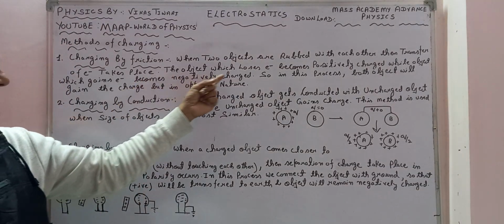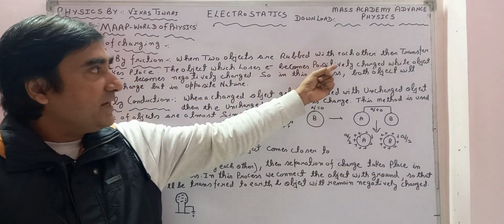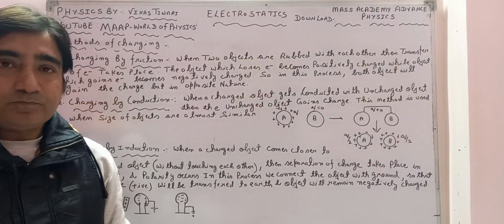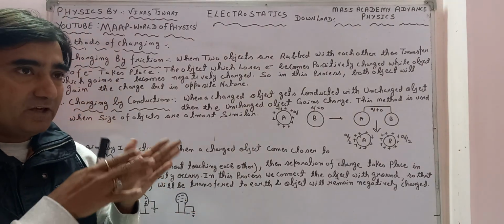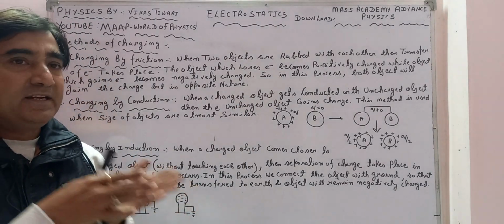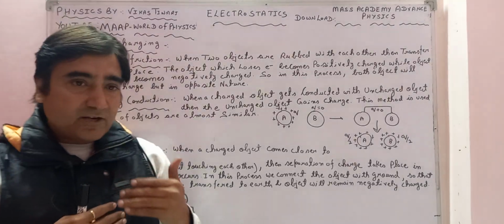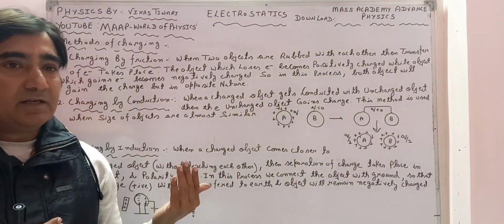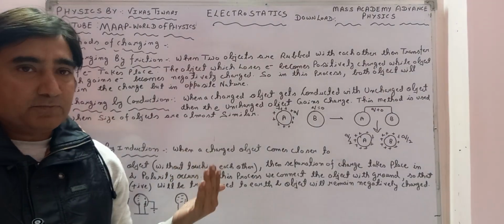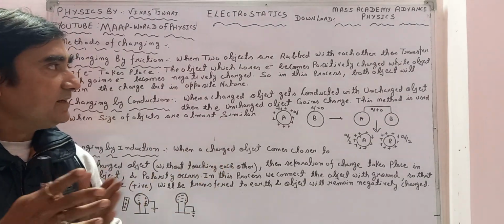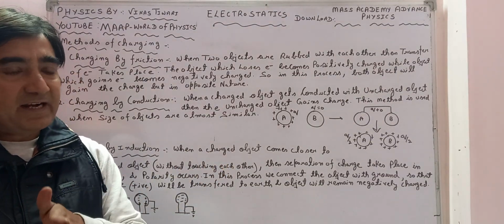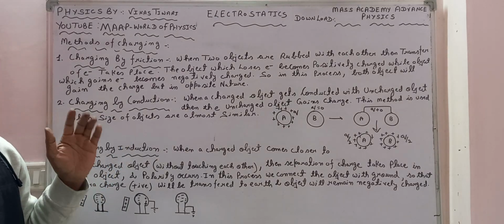So the object which loses electrons becomes positively charged. One of the objects becomes positively charged and another object becomes negatively charged. The body which the electrons leave becomes positively charged, and the other body to which the electrons transfer becomes negatively charged.